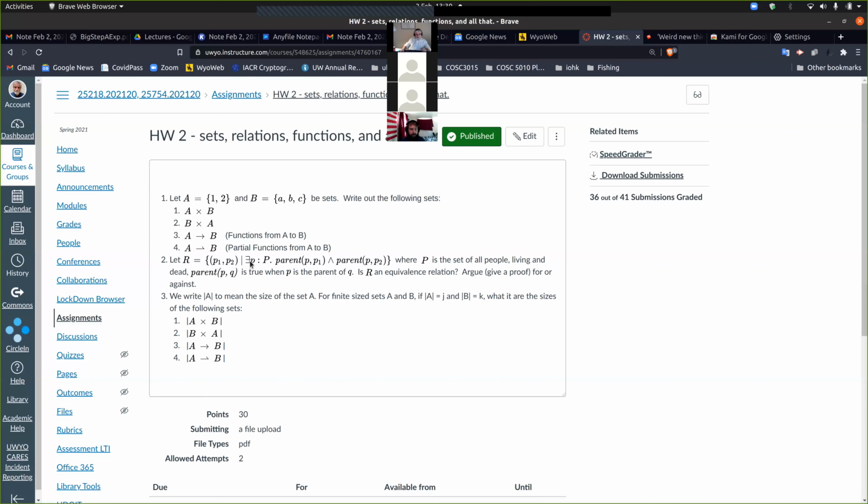But this says, if you see my cursor, there exists a P where P is a person, either living or dead, such that P is the parent of P1 and P is the parent of P2. Then P1 and P2 are in the relation. So the things that are in R are the pairs of people who have a parent in common.